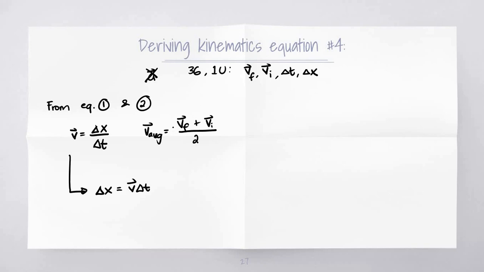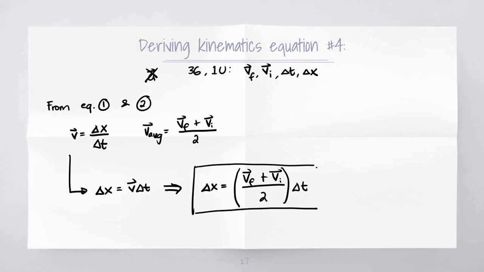So we can substitute the value of average velocity inside our newly derived equation, which gives us delta x is equal to final velocity plus initial velocity all over 2 times delta t. And now this is our fourth kinematic equation.